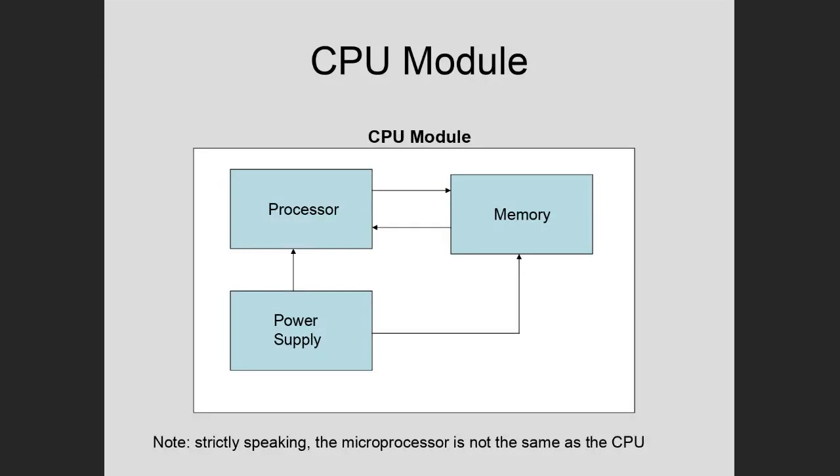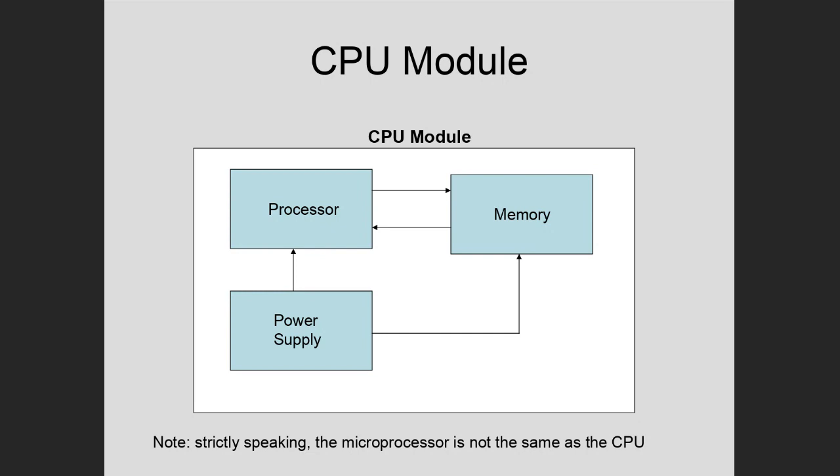You want to make sure you understand that the main sections of the CPU that we concern ourselves with are a processor, which is sometimes called a microprocessor, memory, and then power. The CPU has to be powered.